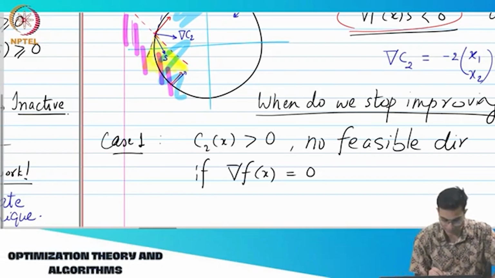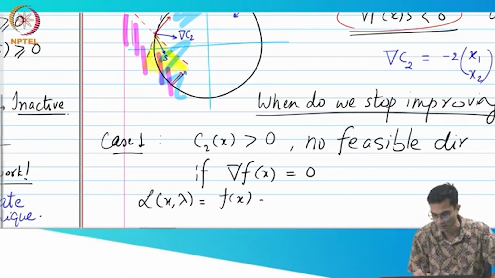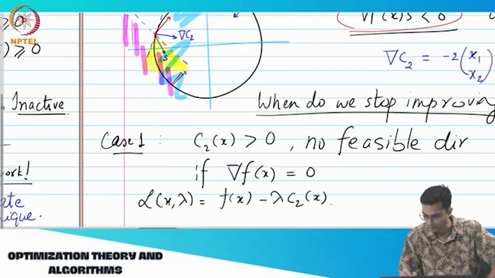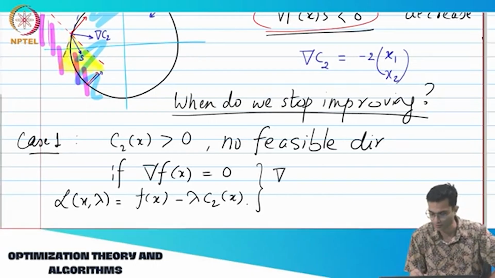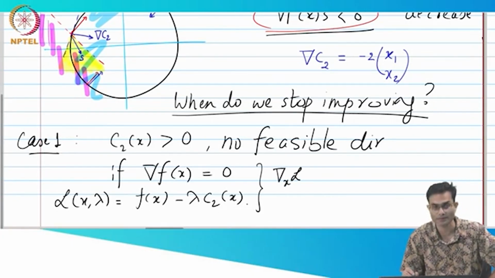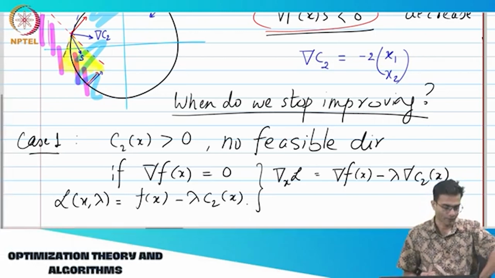Remember, the Lagrangian L(x, lambda) was f(x) minus lambda c2(x). And what is the gradient of the Lagrangian with respect to x over here? It will be grad f(x) minus lambda grad c2(x).